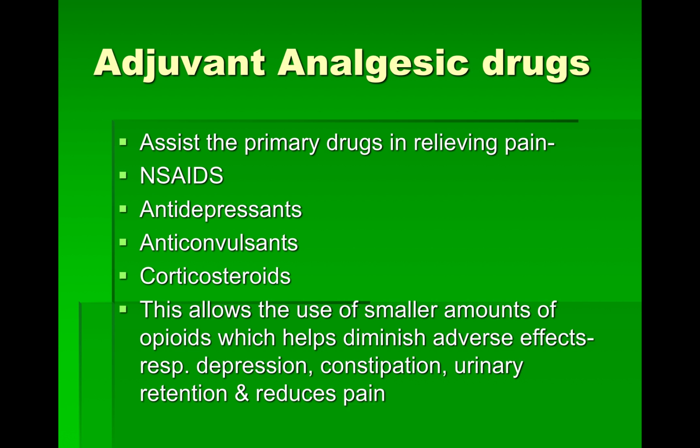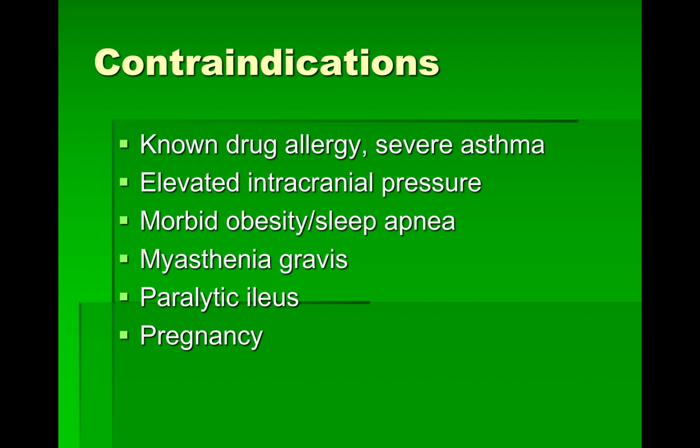This allows the use of smaller amounts of opioids, which is really good because we don't want them to be snowed. We want to have something left in case the pain gets greater. And it also helps diminish those adverse effects. Remember, with opioids: constipation, nausea and vomiting, and respiratory depression, which is probably the most unsafe of all of those. Urinary retention, too.